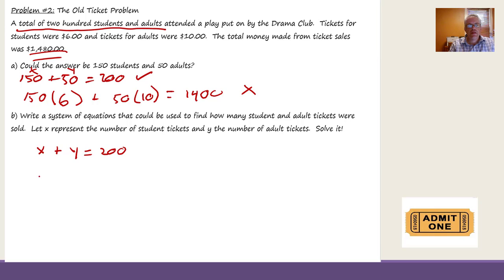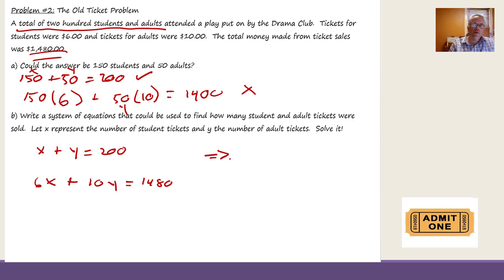That's X times 6, or 6X. $6 each, X students, 6 times X. And this quantity right here is Y. 50 times 10, that's going to be 10 times Y. $10 each, Y is the number of adults, and this has to equal 1480.